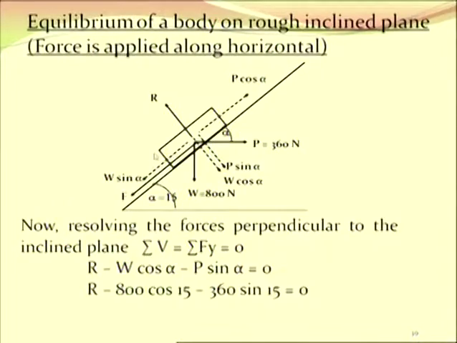Putting values of W, that is 800 Newton, and P, that is 360 Newton, and angle alpha also given to us, R minus 800 cos 15 minus 360 sin 15 equals 0.